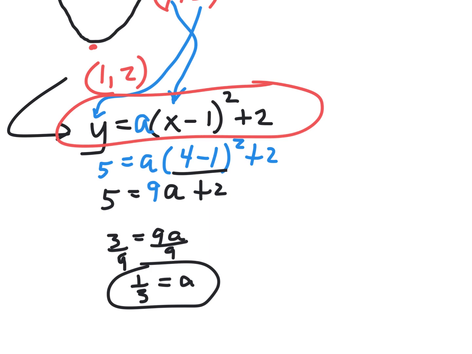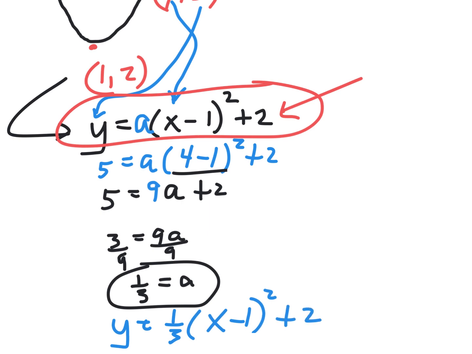Because that's how you finish. You are asked to write an equation for a parabola, and so far we don't have it yet. This is close. It's vertex form of a parabola, but it didn't have the a in it. So final answer, y equals 1/3 x minus 1 squared plus 2.